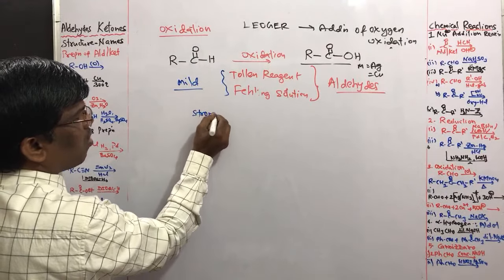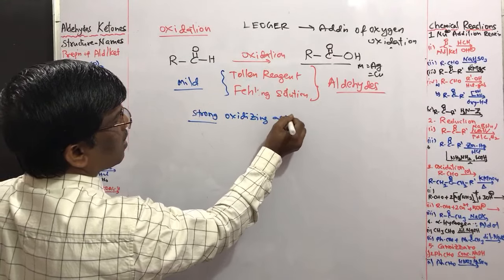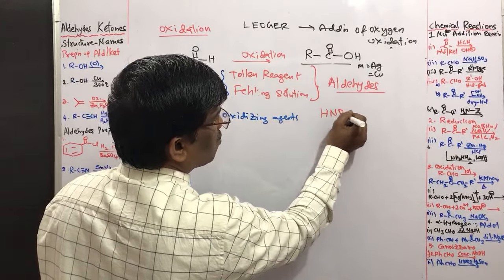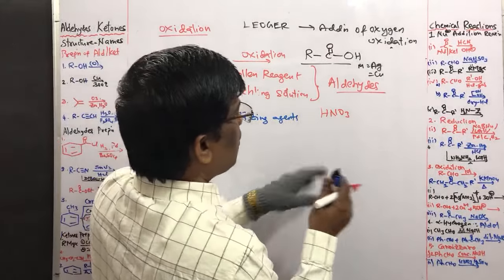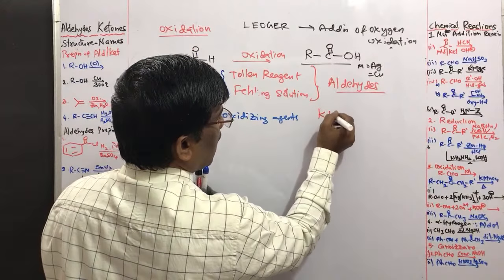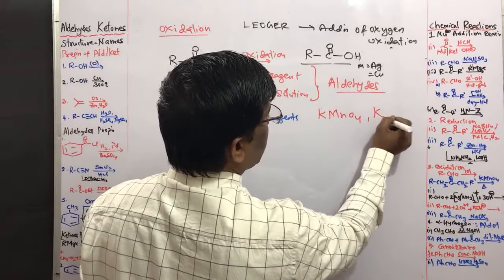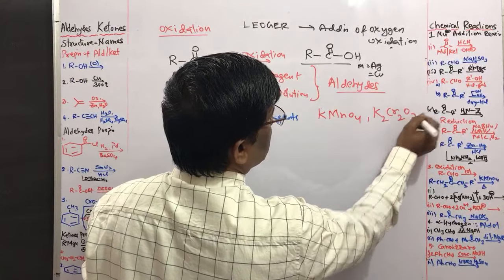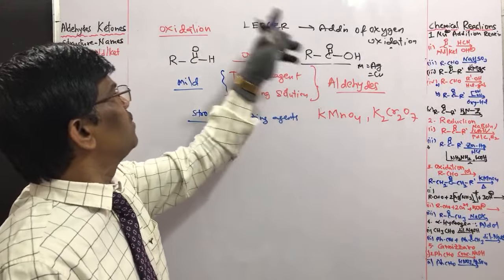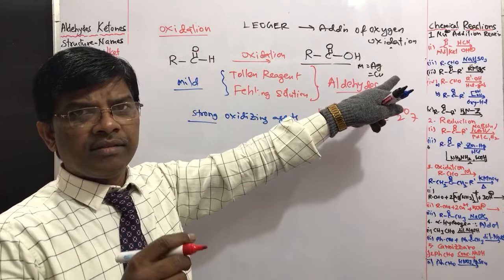Strong oxidizing agents include HNO3, but commonly you will not use HNO3; you come across KMnO4, potassium permanganate, or potassium dichromate, K2Cr2O7. These are very strong oxidizing agents, and they usually oxidize aldehydes to carboxylic acids.